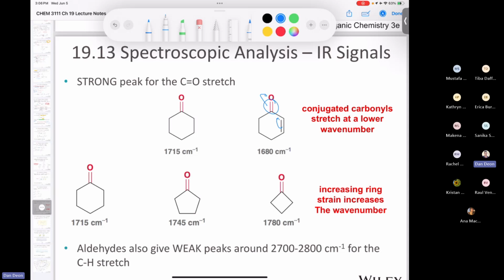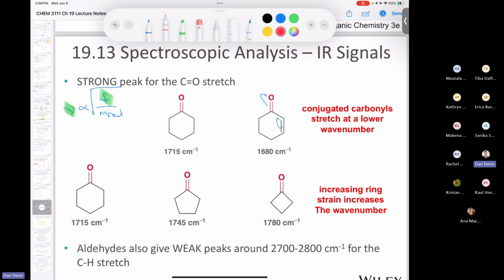This double bond has more single bond character. And remember that wave number was proportional to the strength of the bond, the force constant over the reduced mass. Technically it's the square root of all this, but this is a greatly simplified version of the formula that you would have learned in chapter 14. But the bottom line is that wave number is proportional to the bond strength.